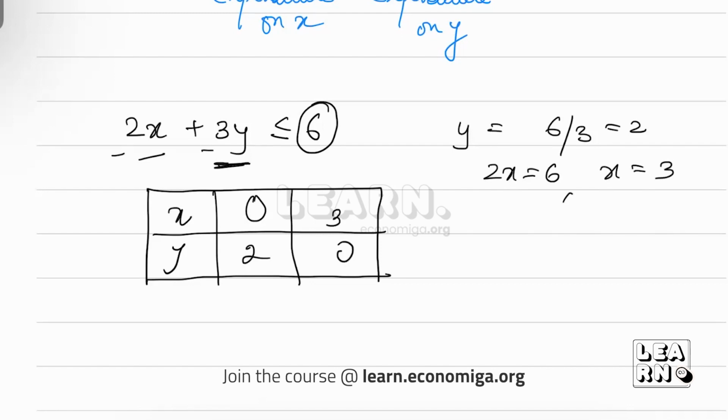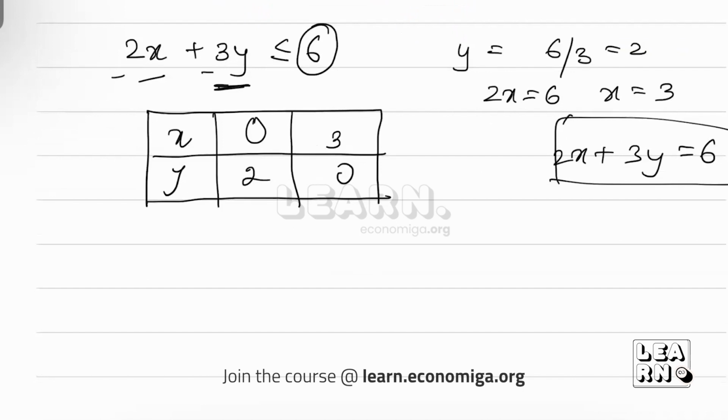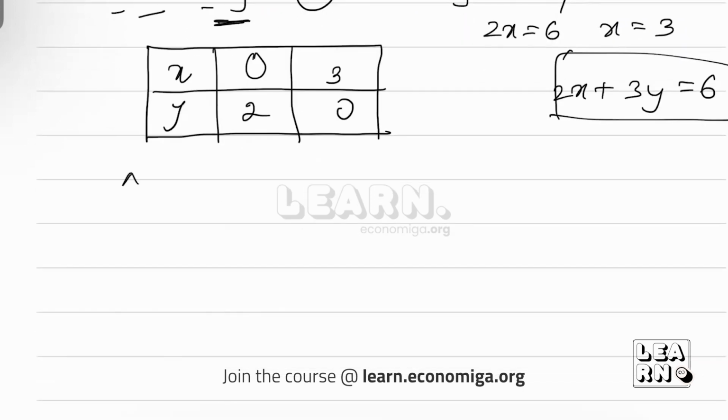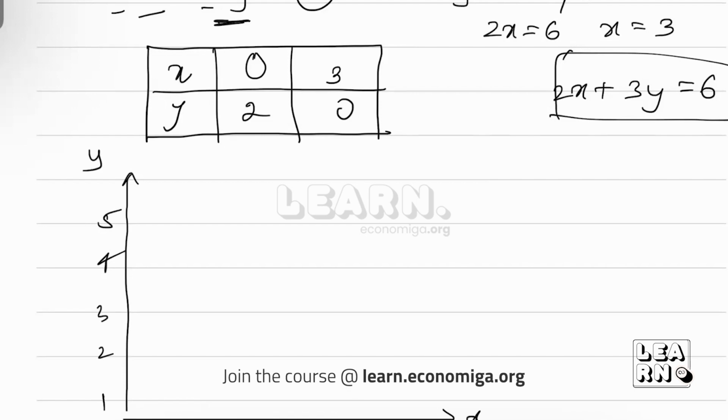When you're plotting an inequality, for the time being, we assume it to be an equality, right? This is how you plot an inequality. For the time being, I am assuming 2x plus 3y is equal to 6. Now I've got the 2 points that I need. I have y on the y-axis, x on the x-axis.